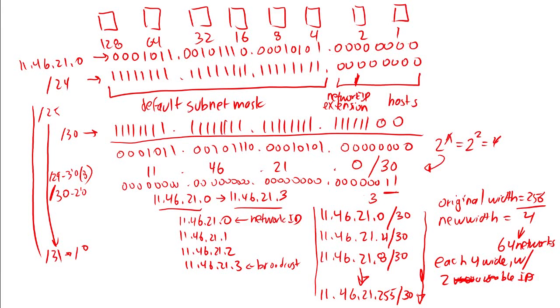Now, the last thing I should mention is we don't necessarily have to split this thing into equally sized subnets. I can make a bunch of different subnets. So if I go 11.46.21.0/24, I draw my boxes.